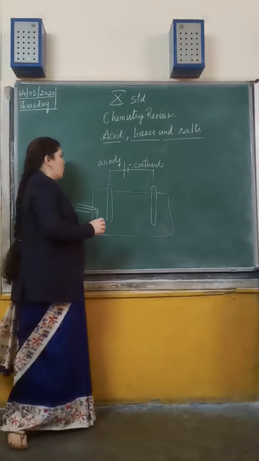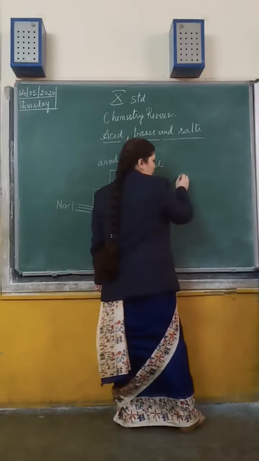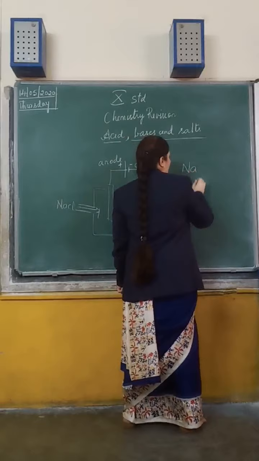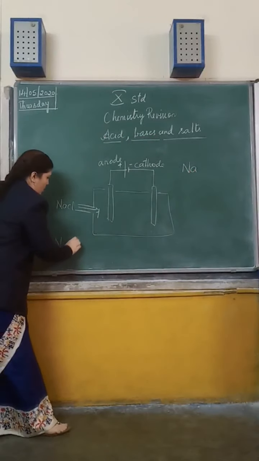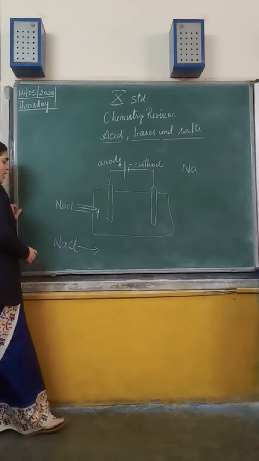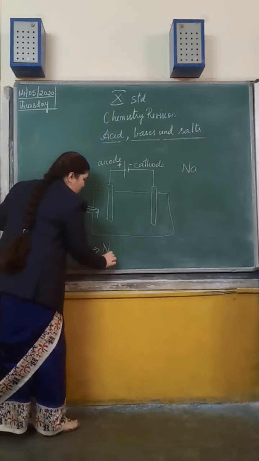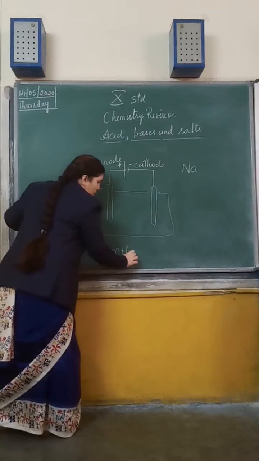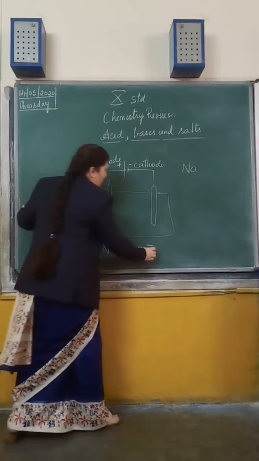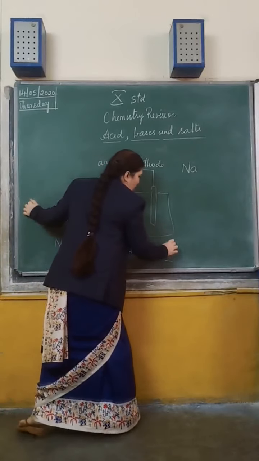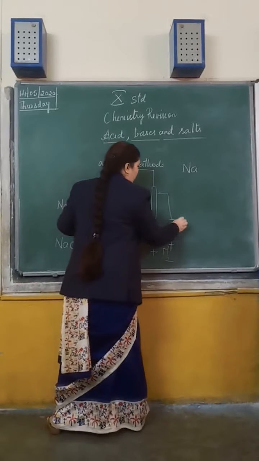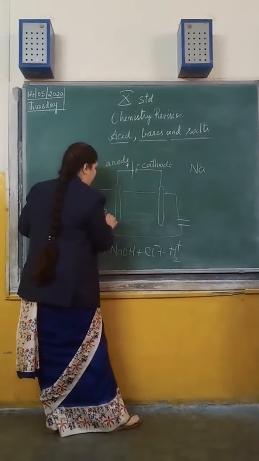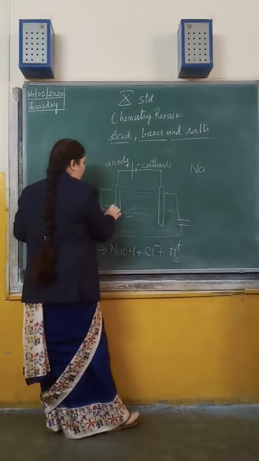So you can see here in electrolysis the dissociation of ions takes place. Sodium chloride dissociates to give NaOH solution, plus chlorine gas and hydrogen gas are also liberated. So what are the different products formed here? This is the solution of sodium chloride.